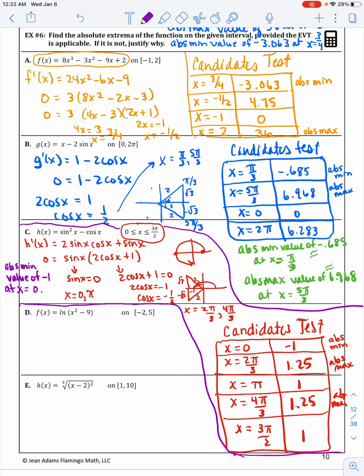And I hate not having room to write. Absolute max value of 1.25 at x equals 2 pi over 3 and x equals 4 pi over 3.